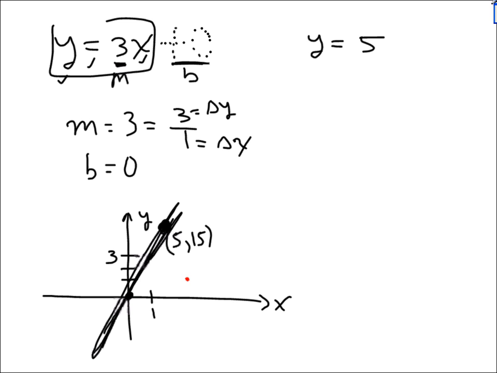Why is the point 3, 1 not on the graph? Because when you multiply 3 by 3, you don't get 1. You get 9. So maybe this should be 2, 6.